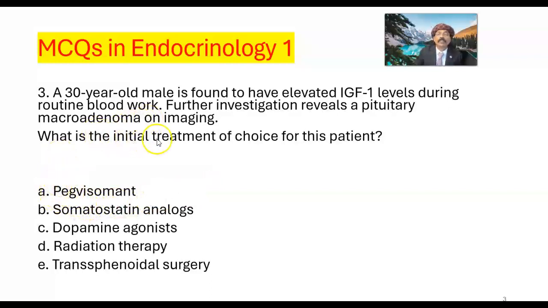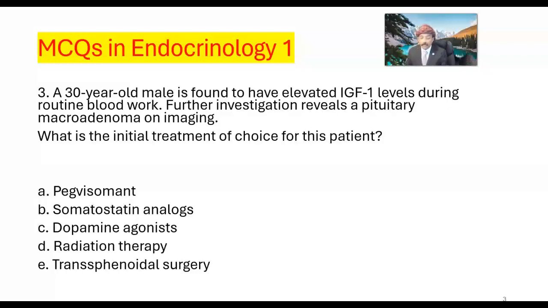We have the choices: A. pegvisomant, B. somatostatin analogs, C. dopamine agonist, D. radiation therapy, E. transsphenoidal surgery. So what should be the answer?